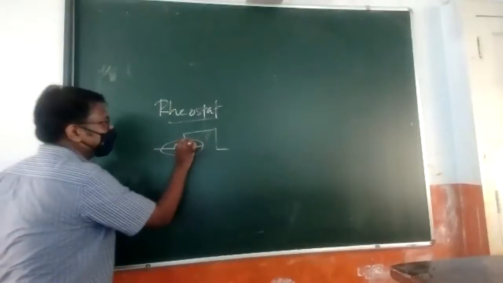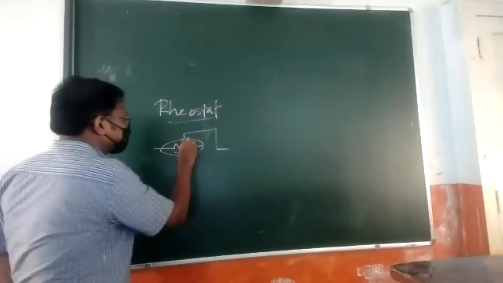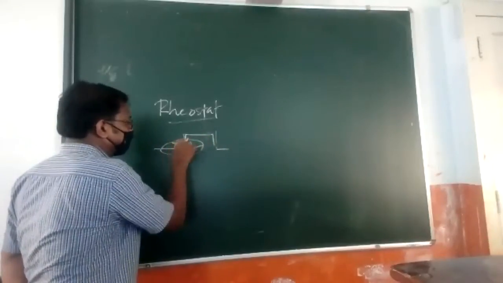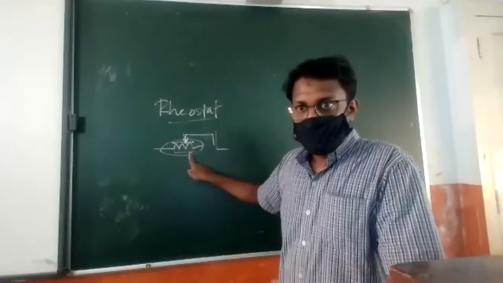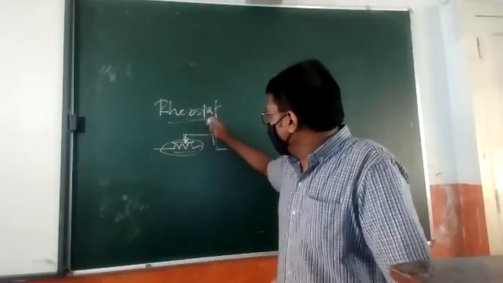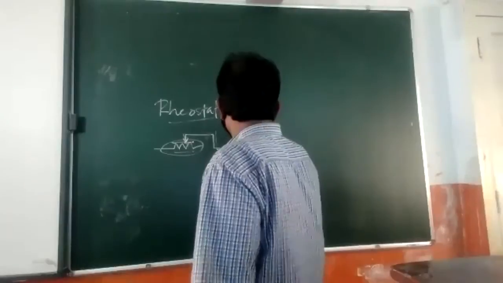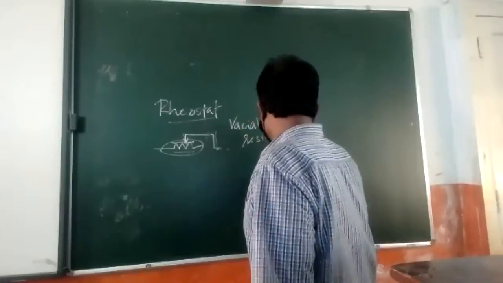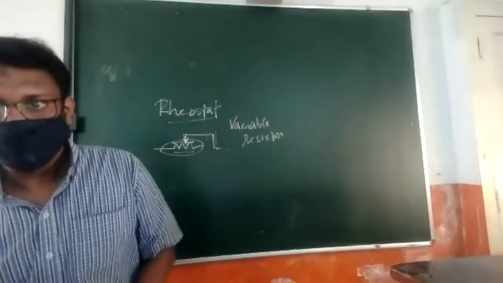And here you are having a slider. This is a pointer, and that pointer can be moved over this resistor. Which means a rheostat is a variable resistance. It's a variable resistor. Rheostat is a variable resistor.